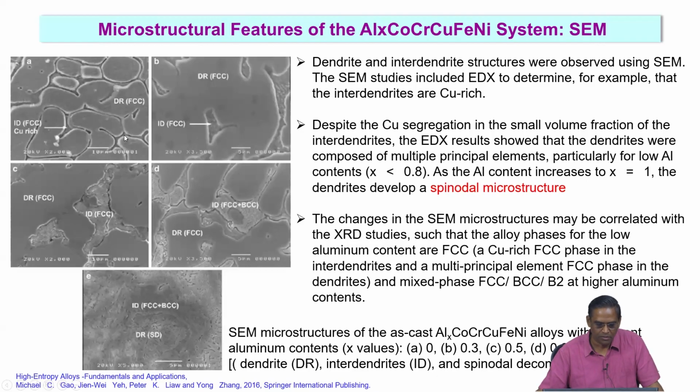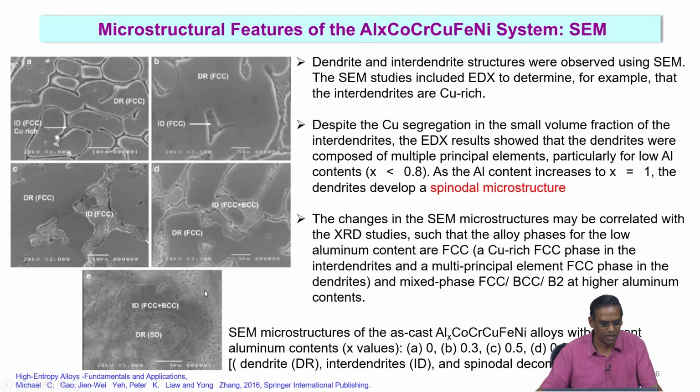So whatever we are seeing can be related to the XRD results we have seen previously, such that the alloy phases at low aluminum contents are FCC, which is a copper-rich FCC phase in the interdendrites and a multi-principal element FCC phase in the dendrites, and a mixed phase of FCC, BCC and B2 at high aluminum contents.